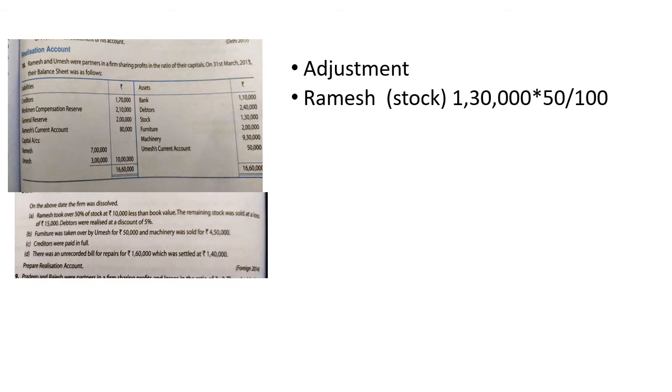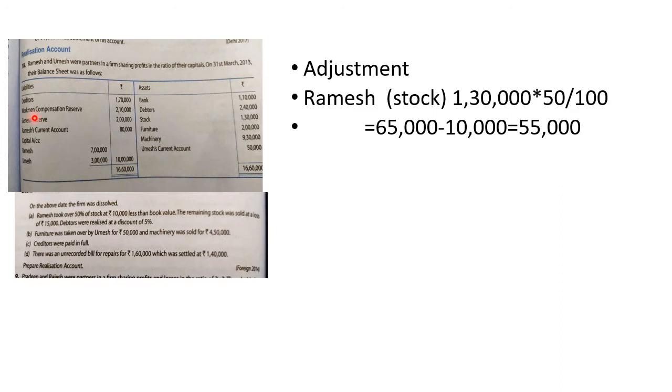Okay. So first what we have to do, we have to transfer all the assets except bank, cash and partners capital account or current account. So here what we will transfer? We will transfer debtor, stock, furniture, machinery. This current account balance and bank will not be transferred to realization account. Only debtor, stock, furniture and machinery will be transferred to the debit side of realization account.